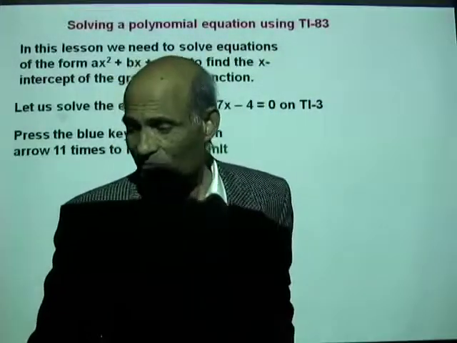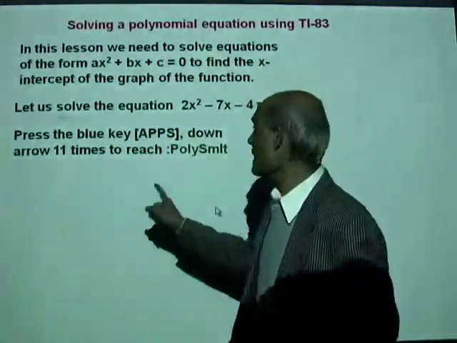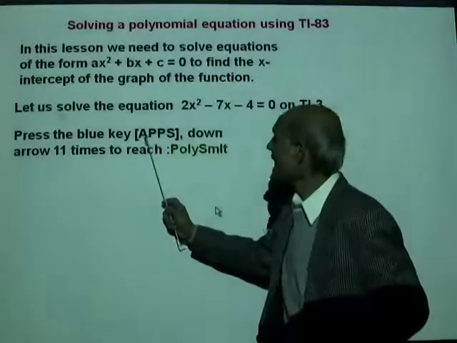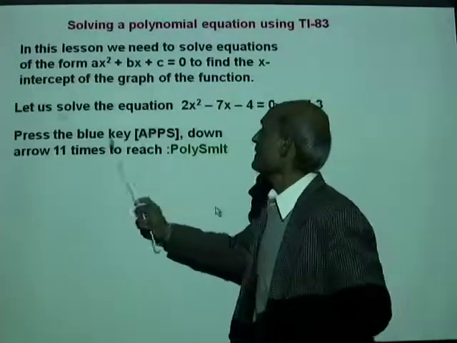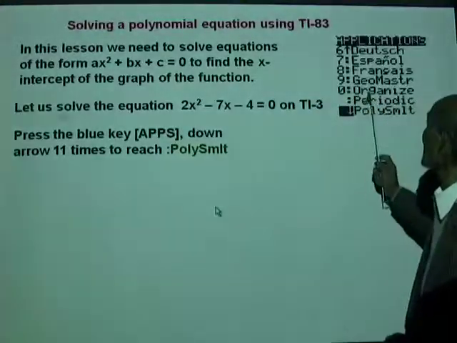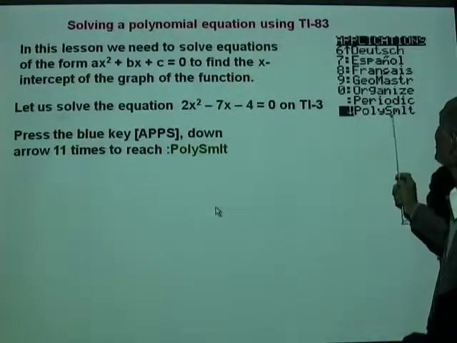Press down 11 times to access PlySmlt. So press the APPS key, then the down arrow 11 times to reach PlySmlt.